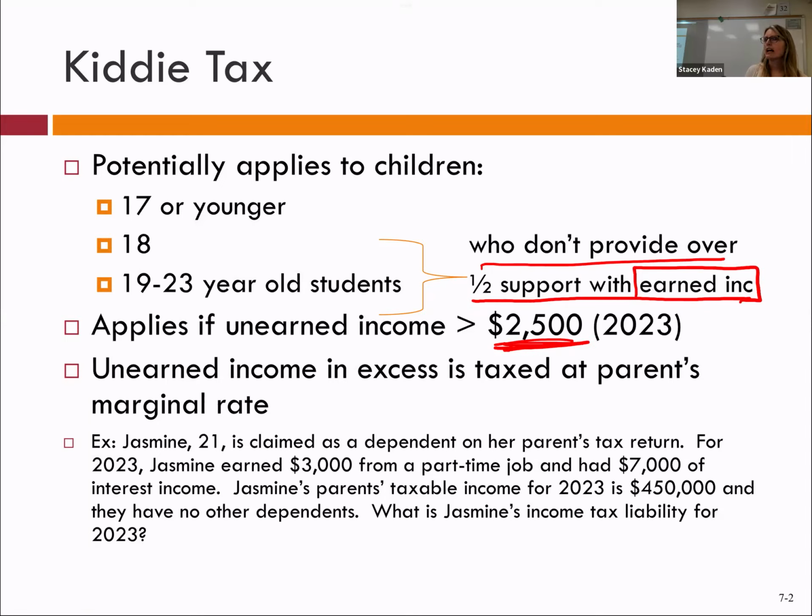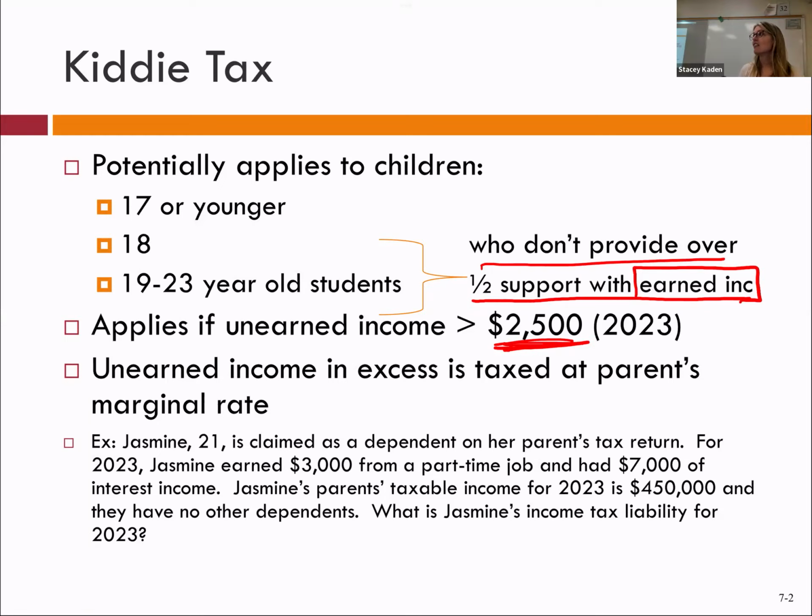So why would we have this rule? It used to be that if you were 14 or younger than 14, you were subject to this. Okay, so let's say you're a 12-year-old and you have investment income of $8,000, how is that possible? There you go.